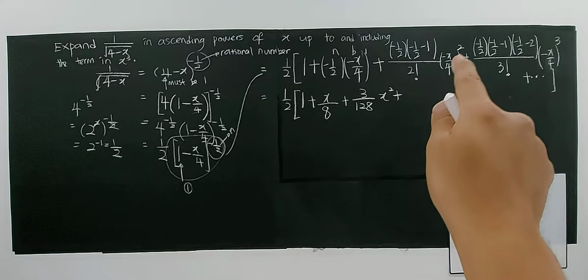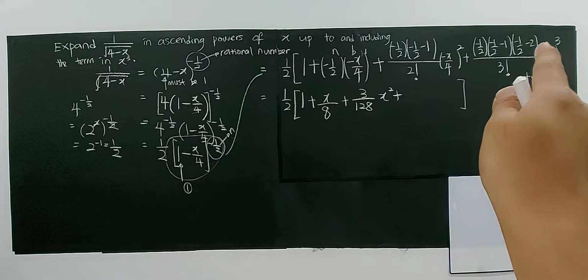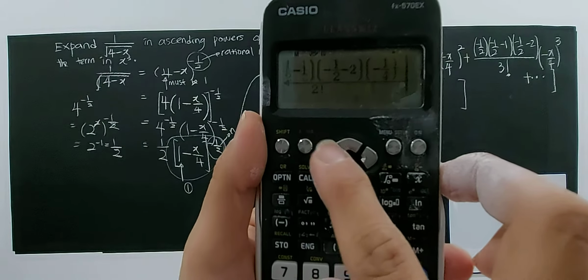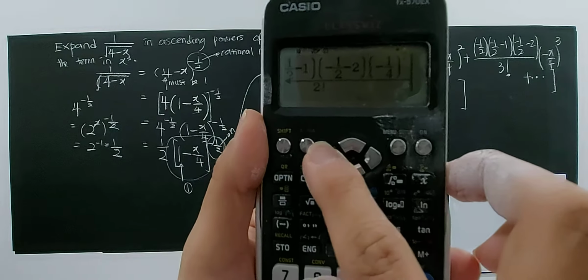And you want to convert the square to cube, and 3 factorial. So you insert this bracket first. You go inside the bracket and key in negative 1 over 2 minus 2, so don't forget.